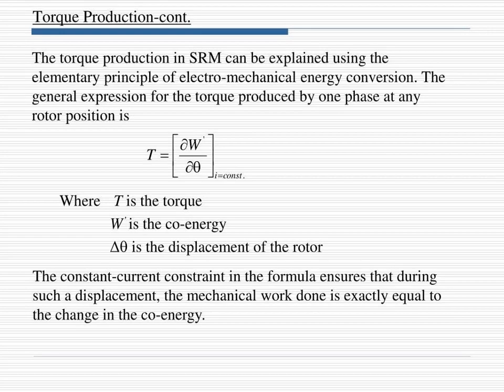The torque production in an SRM can be explained using the elementary principle of electromechanical energy conversion. The general expression for the torque produced by one phase at any rotor position is T = ∂W'/∂θ, where i is constant, T is the torque, W' is the co-energy, and dθ is the displacement of the rotor.